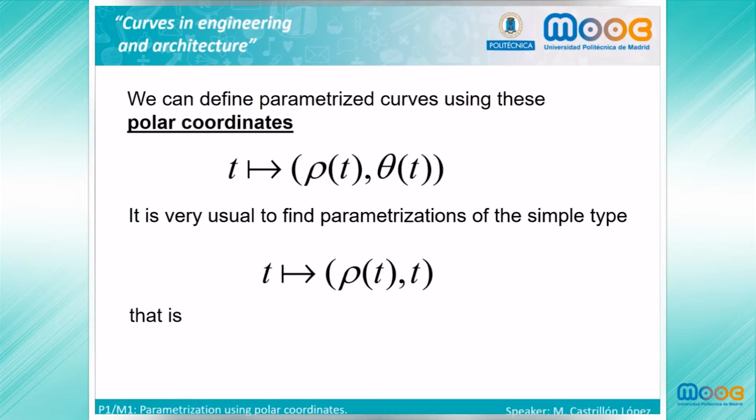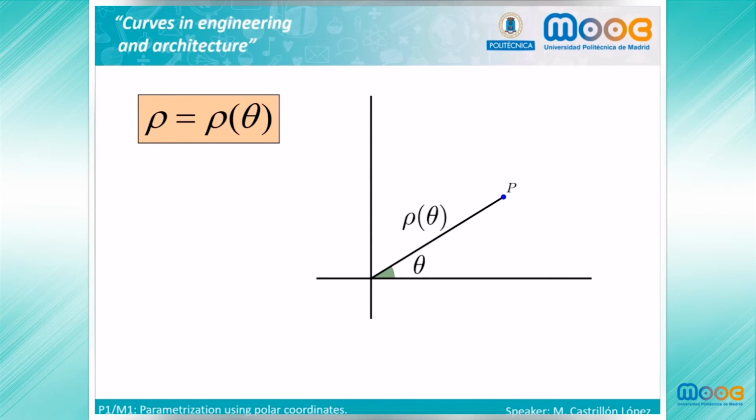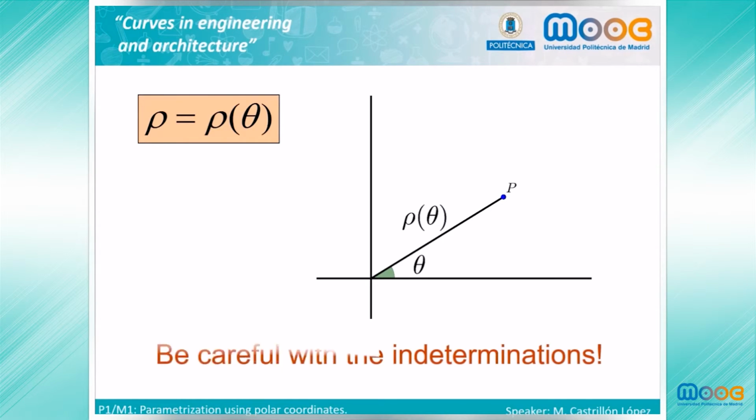That is, the function ρ is a function of the angle. Geometrically, that means that for every value of the angle, the point of the curve of that angle is at distance ρ of theta to the origin. But be careful with the determinations we mentioned before.